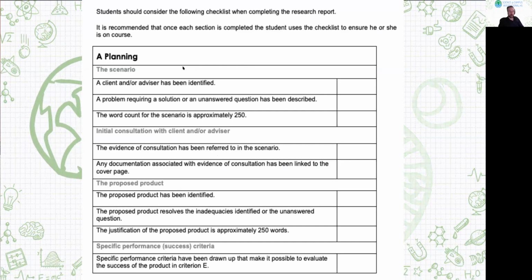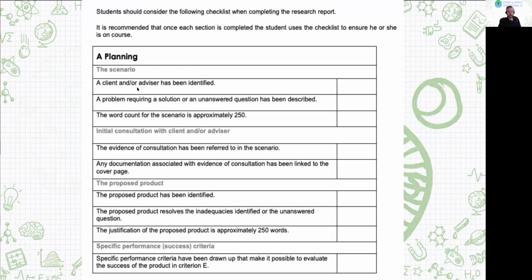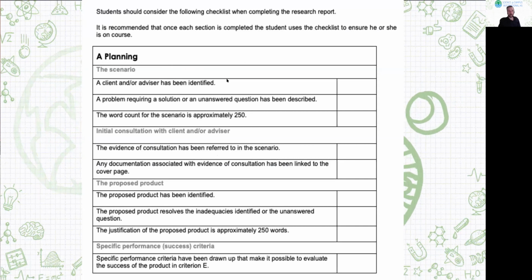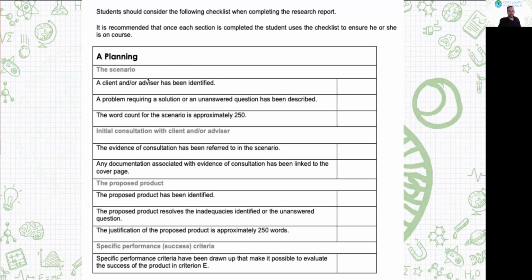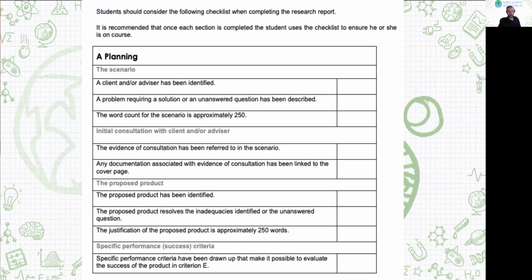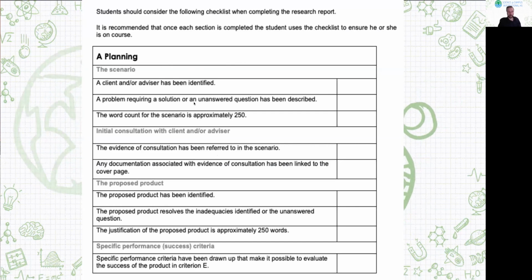There are 4 subsections to criterion A. There's the scenario. So someone you are going to serve, a client, has been identified. And again, that person can be an adult or a student, someone you're going to write a program for that will help them. Then the problem requiring a solution or an unanswered question, you have to describe that.